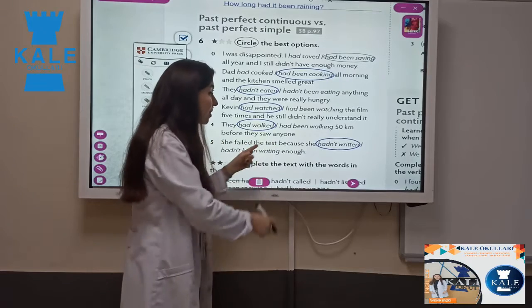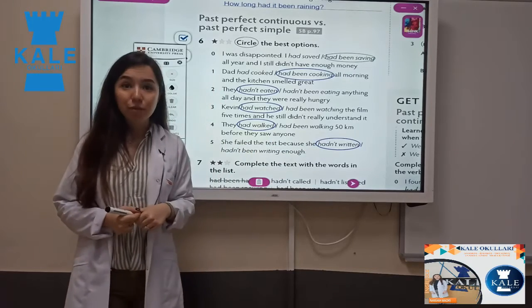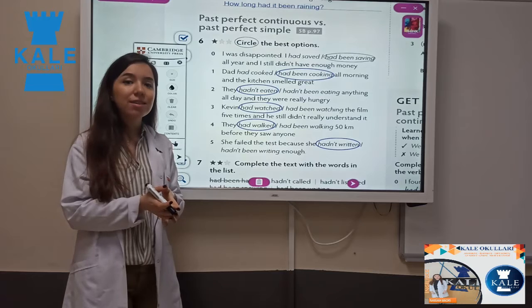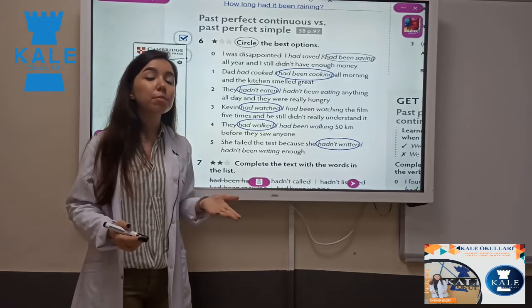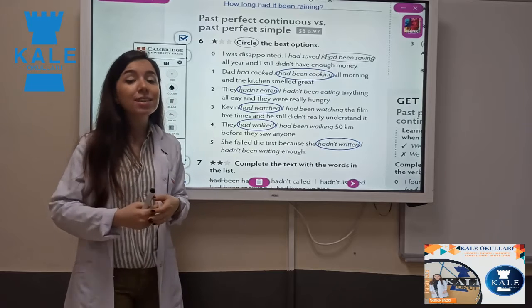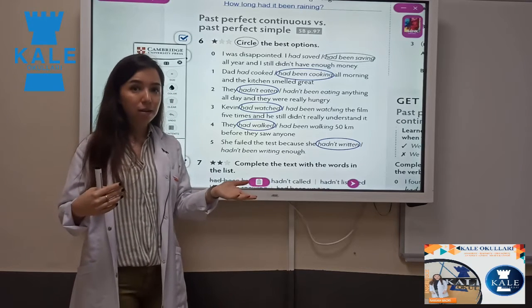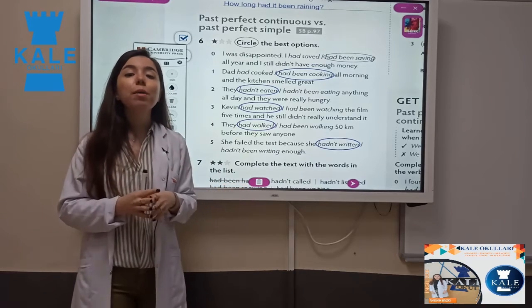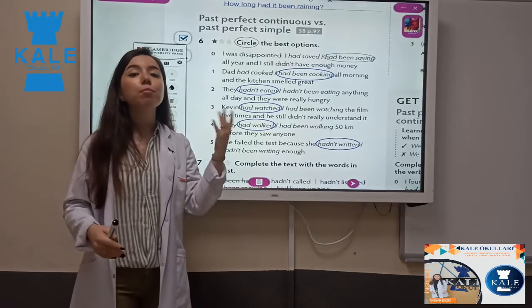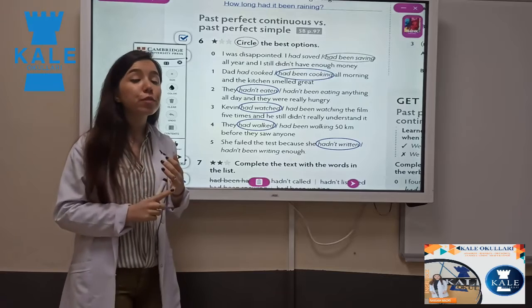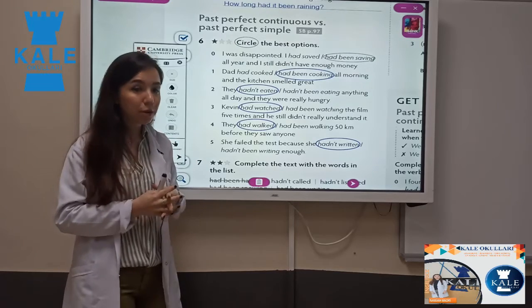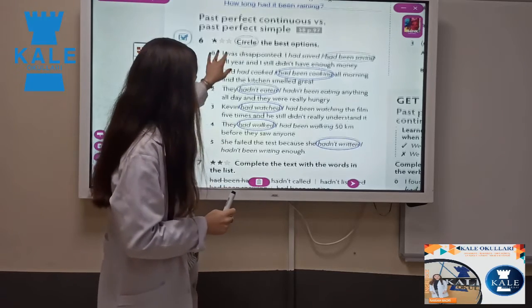So here we use past simple, here we use past perfect simple. In this kind of sentences, that one part is past simple, one part is past perfect simple, you can understand it easily that some actions happen before another action. Yes, both of them happened in the past, but one before another one. So this is the difference also between past perfect simple and past perfect continuous.